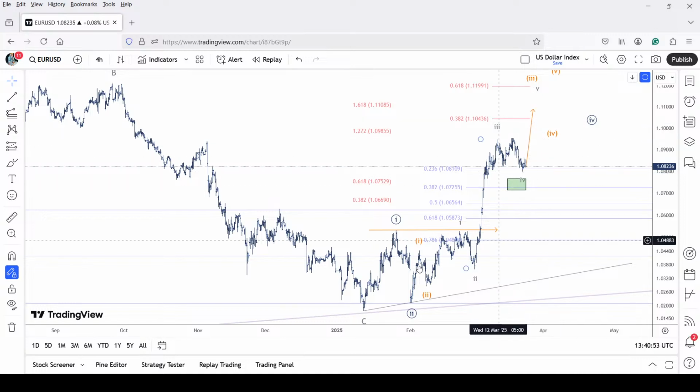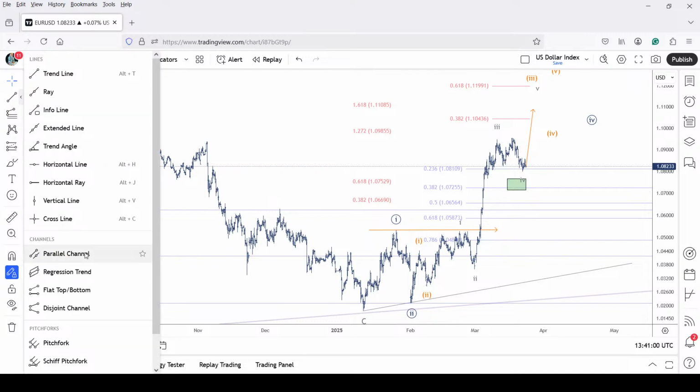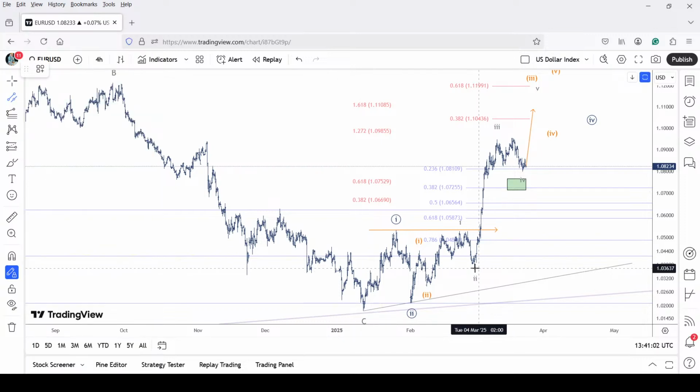I mean, if we apply the principle of equality, and if the fourth wave is in place, then we can also apply the channeling here. That is the channel. I mean, if the third wave is extended, we can also rely on the first wave termination.